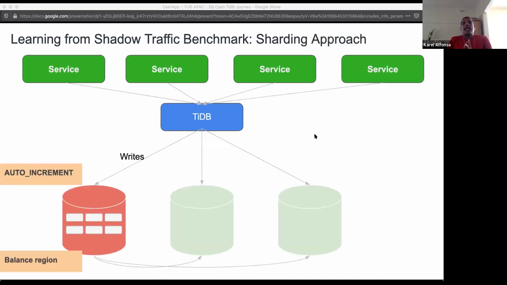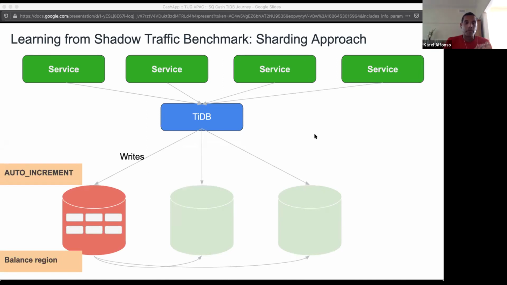In terms of the way TiDB shards the database, TiDB sometimes says there's no sharding, but there's some sharding happening in the background because the data is distributed across nodes. All our services on premises use MySQL, and all of them use auto increment.